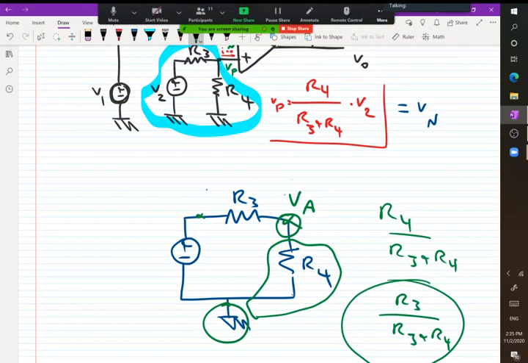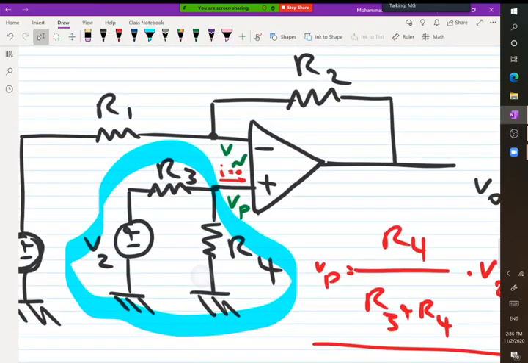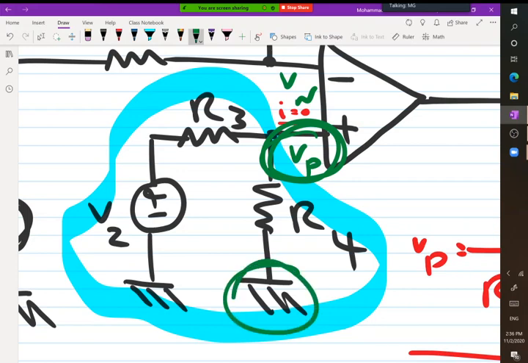Okay. So it was a very good question, but in the voltage division, we find the voltage across the resistor. Here we want to find Vp to the ground. So we see that it is the voltage across R4.